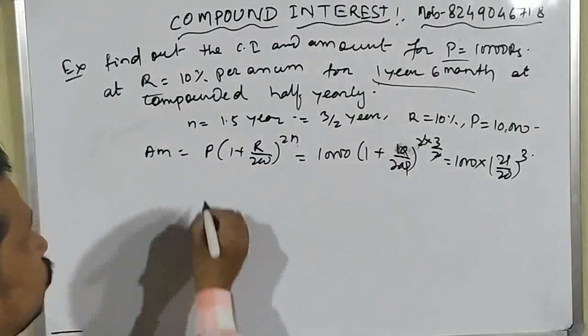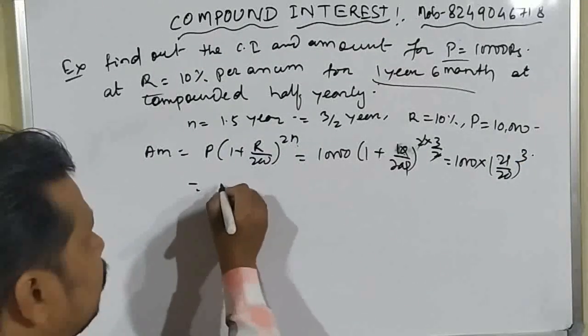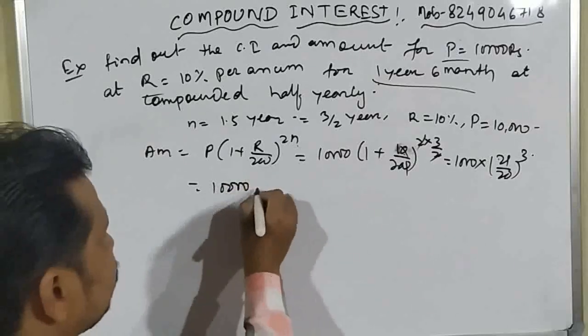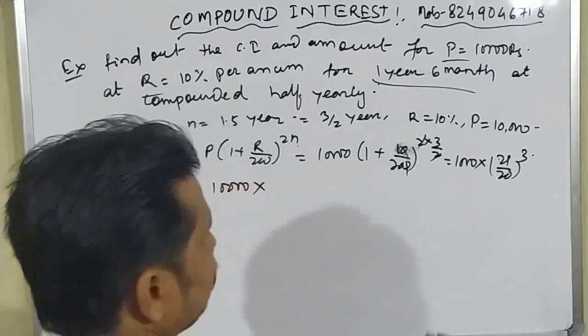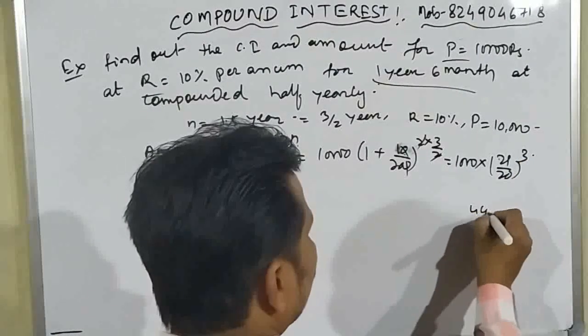Okay, students. So when we find out this value, it will be 10,000 into 21 whole to the power 3. That means 21 into 21, 441.